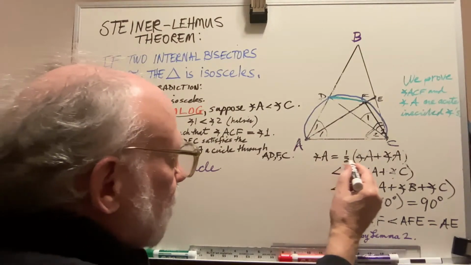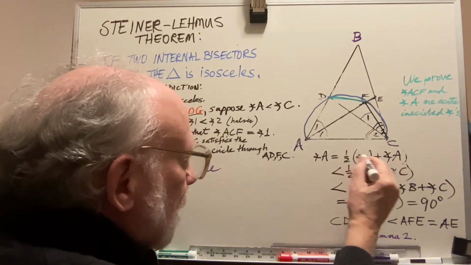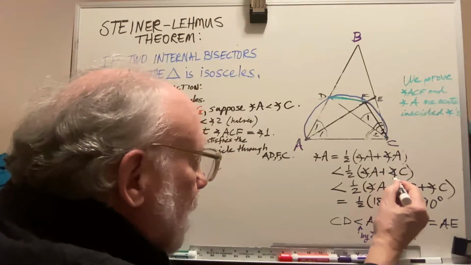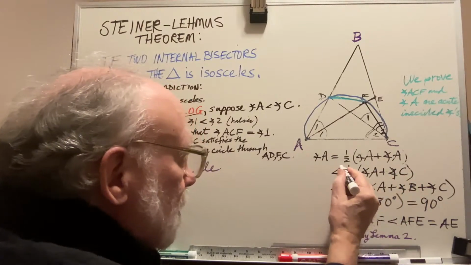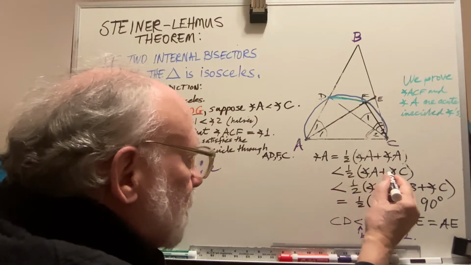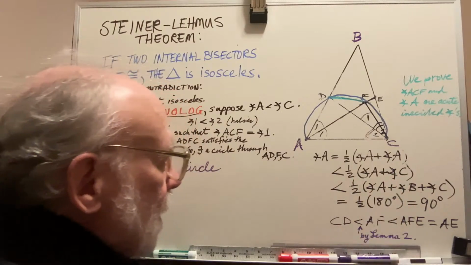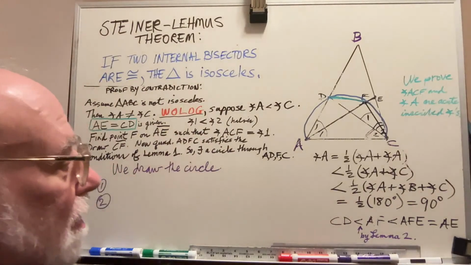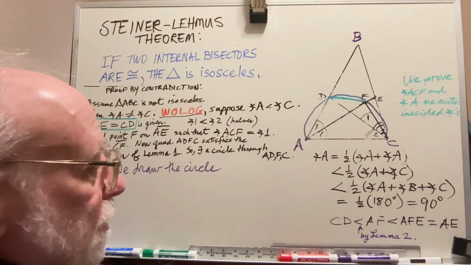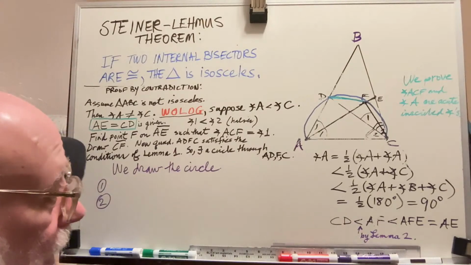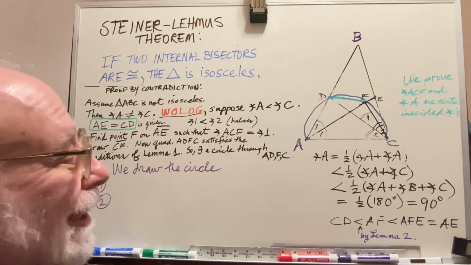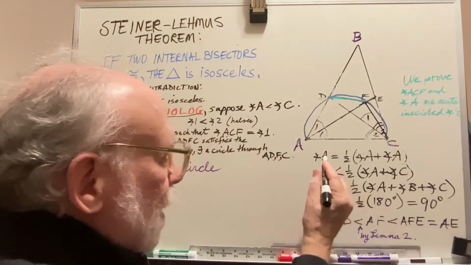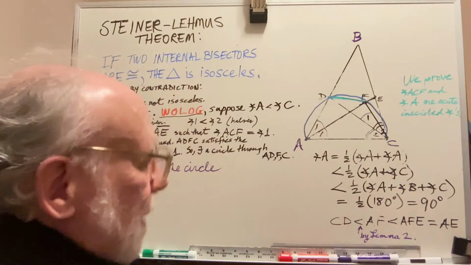We know that angle A is half of angle A plus angle A, because angle A plus angle A is 2 angle A. But we have assumed that A is less than C, so this is going to be less than half of A plus C. Now that's less than half of A plus B plus C, because B has positive measure. But A plus B plus C is 180, and half of 180 is 90. So now we have that angle A is less than 90, so angle A is acute.